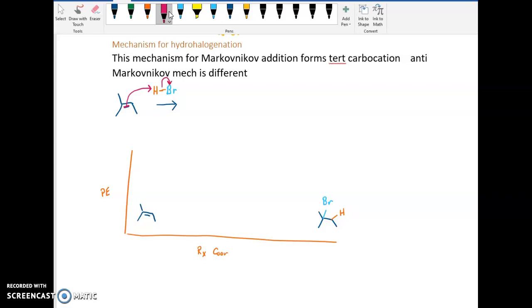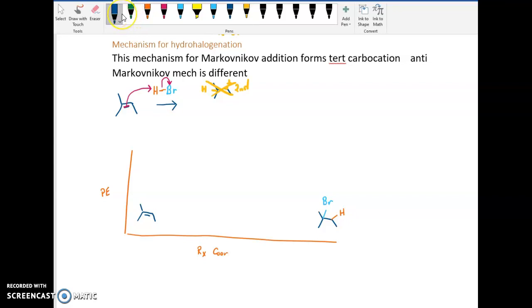Okay, so two possible things could happen here. We could end up with the hydrogen going on the more substituted position, and that would leave us with a positive charge on this secondary carbon right here. That's not going to be very favorable, and so that's not what happens.